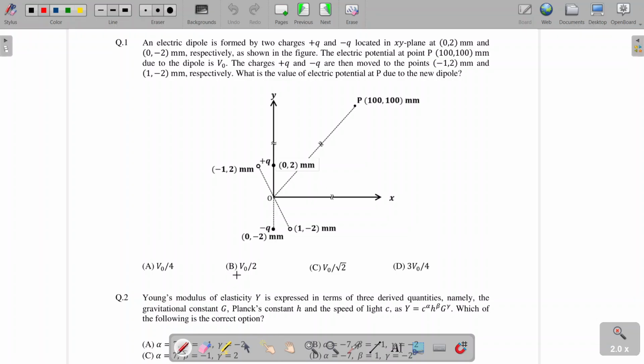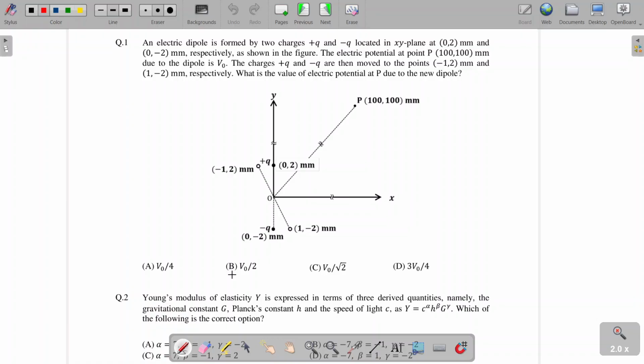This question is from paper 2 of JEE Advanced. The question which we have is that of an electric dipole. In this electric dipole, there are two charges.